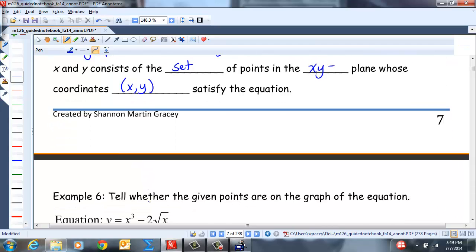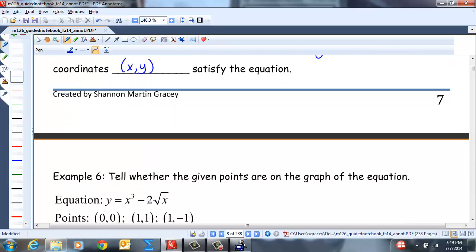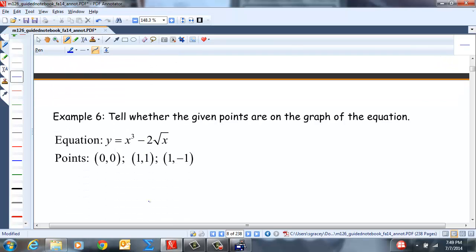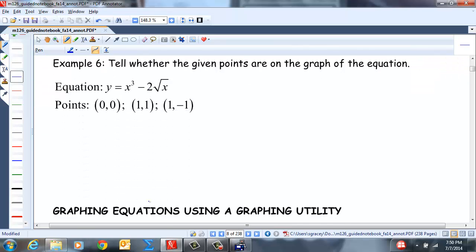So let's figure out if the given points are points that are on the graph of the equation. So you just check it out.